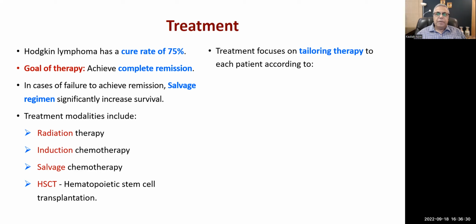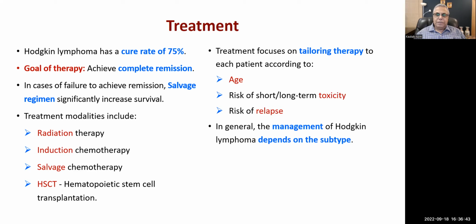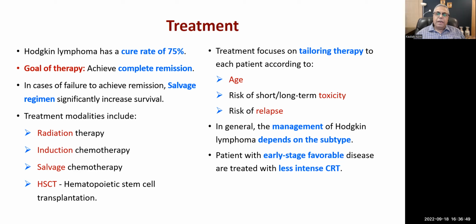And again, treatment will be tailored for each patient. The treatment is going to be individualized. We have to assess the patient completely, age, risk of short-term toxicities, risk of relapse. In general, the management of Hodgkin lymphoma depends on the subtype, okay? And not only on the subtype, also on other factors like early stage disease or late stage disease, favorable or unfavorable, bulky or non-bulky, okay?